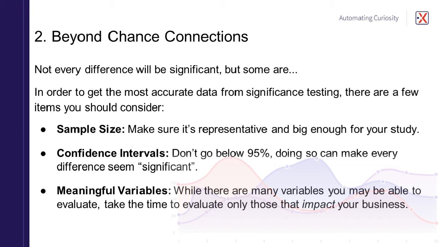Sometimes you see researchers, especially those working on platforms like Cytix or others, who want to adjust the confidence intervals to 90% and 80%. While theoretically it's something that you can do, what ends up happening is that it introduces a massive amount of error to the data.